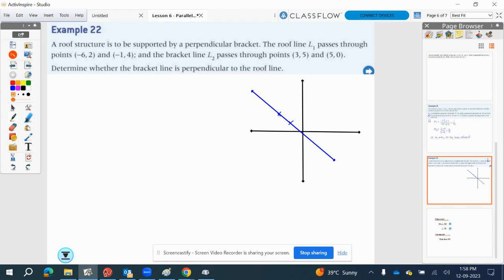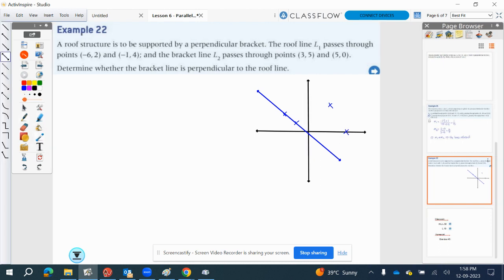So that is at 3, 5, so let's do that one up there, and then 5, 0. Determine whether the bracket line is perpendicular to the roof line.